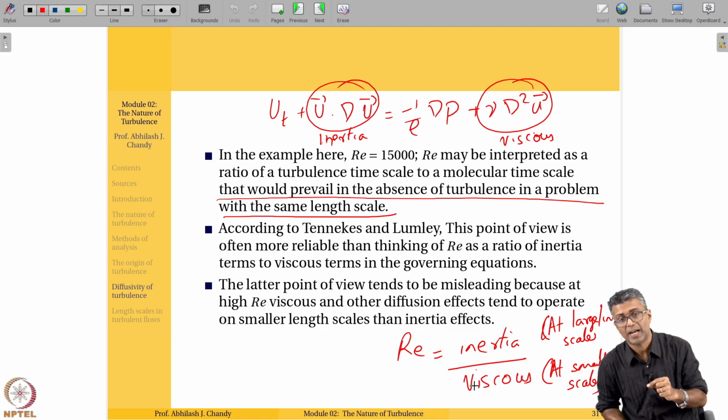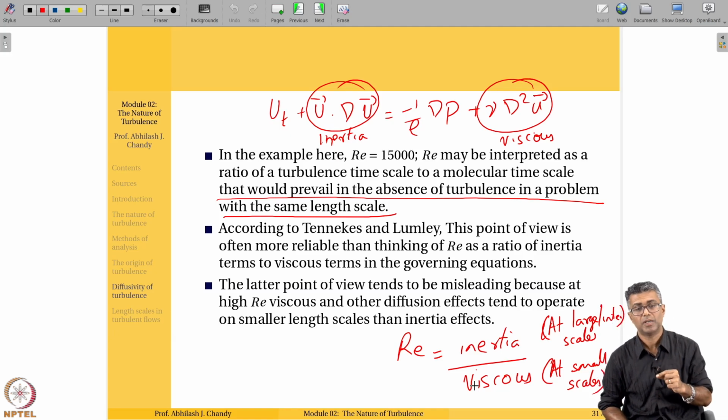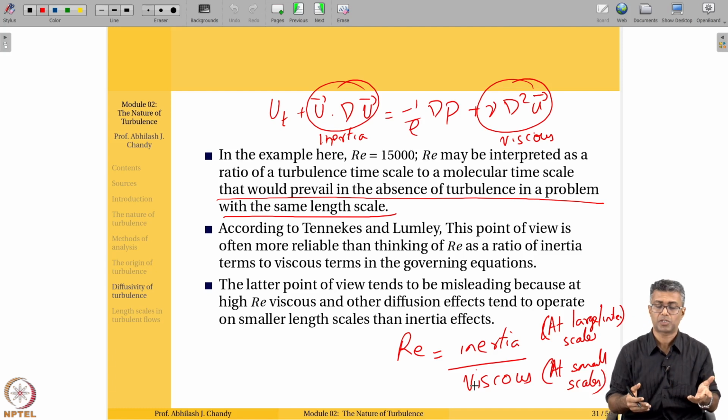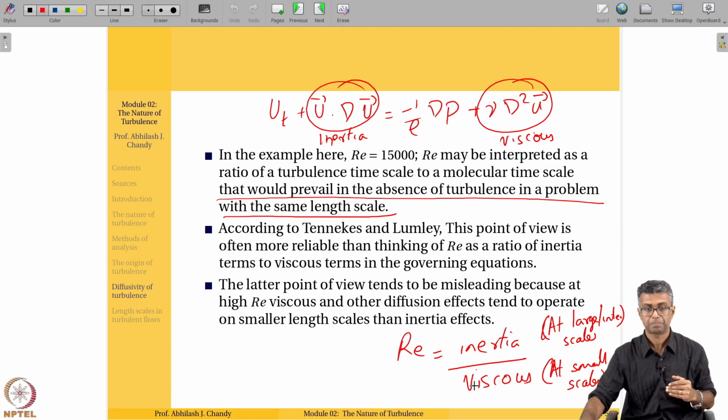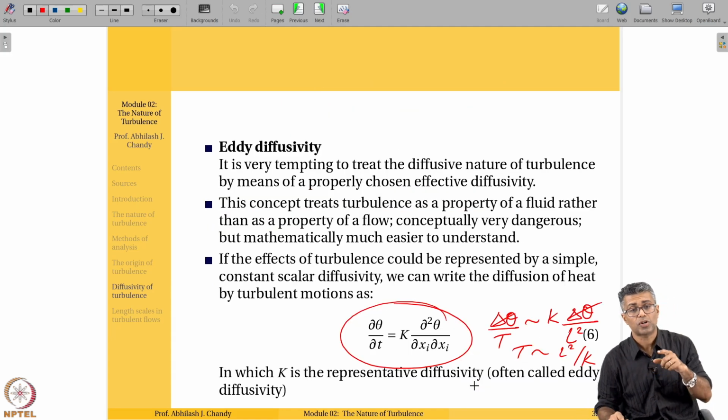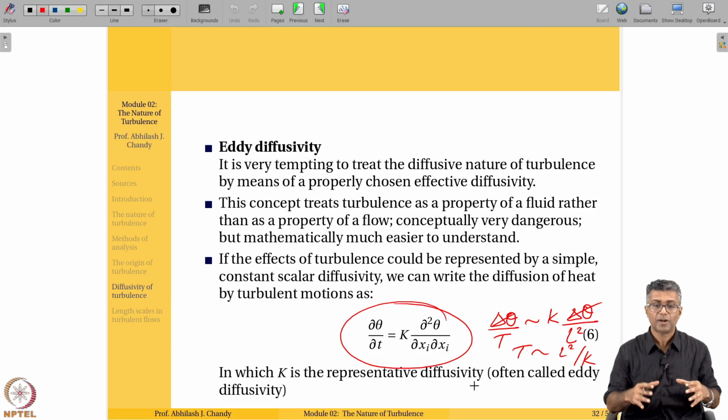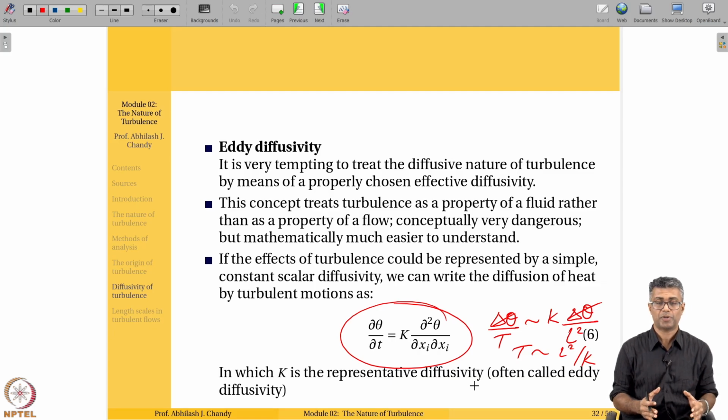So instead of that, why don't we consider Reynolds number, technically 1 over Reynolds number, as the ratio of turbulent timescale to the molecular timescale. This took us to the concept of eddy diffusivity. And in eddy diffusivity, the argument was that we are violating one rule by considering eddy diffusivity, because we are trying to represent the turbulent flow like we would represent molecular diffusion.